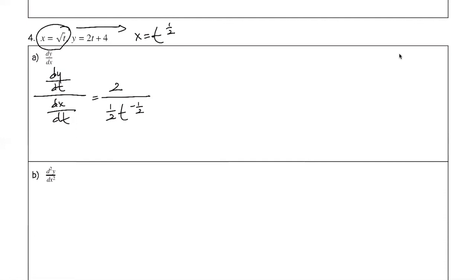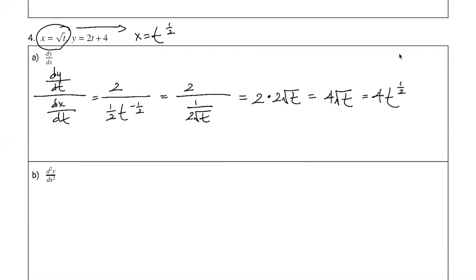But since I'm going to be taking a second derivative, let's simplify this. So I have 2 divided by 1/2 square root of t, which is the same as 2 times the reciprocal, which is 2 root t. And that gives me 4 root t, or since I know I'm going to be taking a derivative, 4t to the 1/2. Okay?